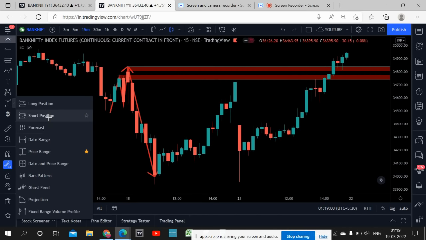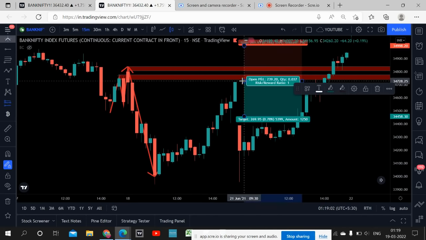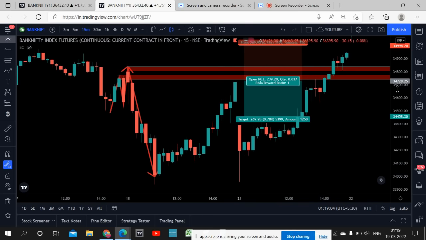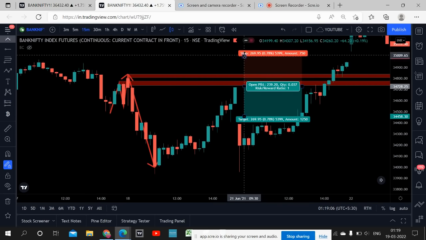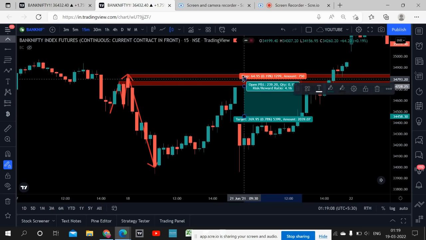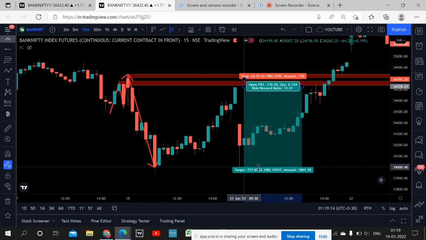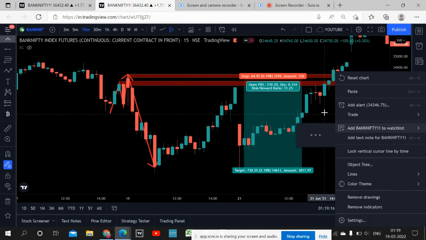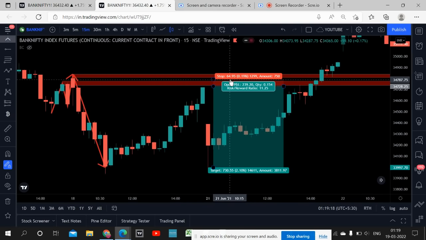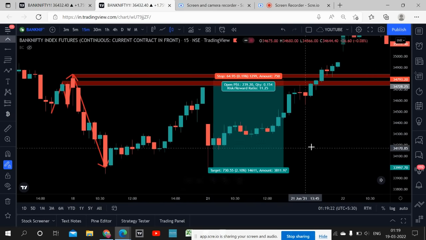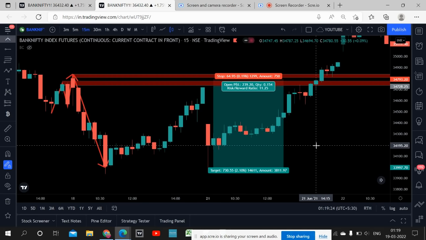The target has been given the next day in the opening itself. Only an experienced trader, once they see this thing in the 15 minute candle, can risk taking a BTST trade. So for the risk of 64 points, it has given a target of like 730, which is more than 1 is to 10 ratio.